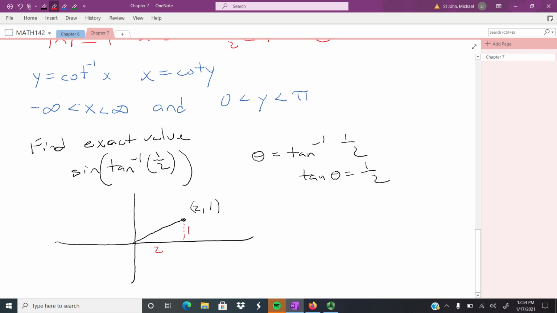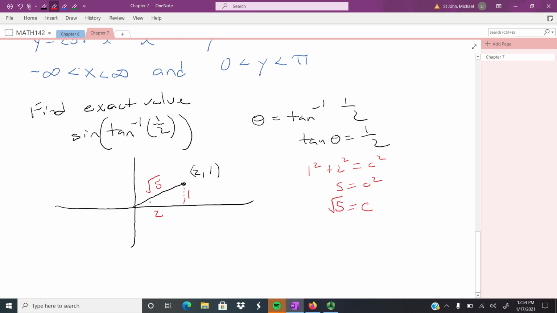So we can find the hypotenuse of that triangle, because after all, that's going to be 1 squared plus 2 squared equals c squared. So 5 equals c squared. So c is going to be the square root of 5. So this is going to be the square root of 5. And here's my angle theta in here. So we can now say, okay, so sine of theta is going to be 1 over the square root of 5.